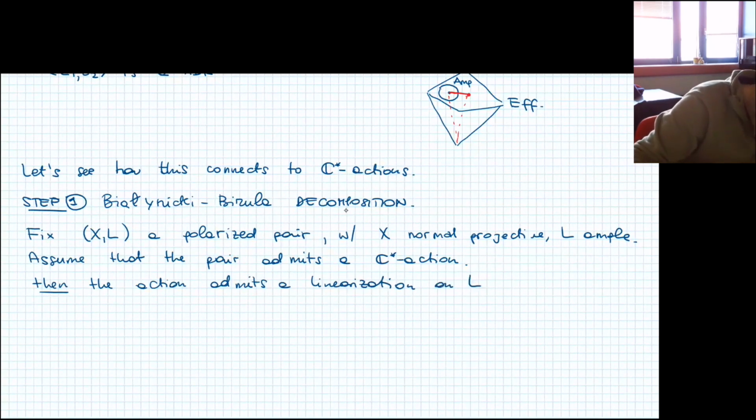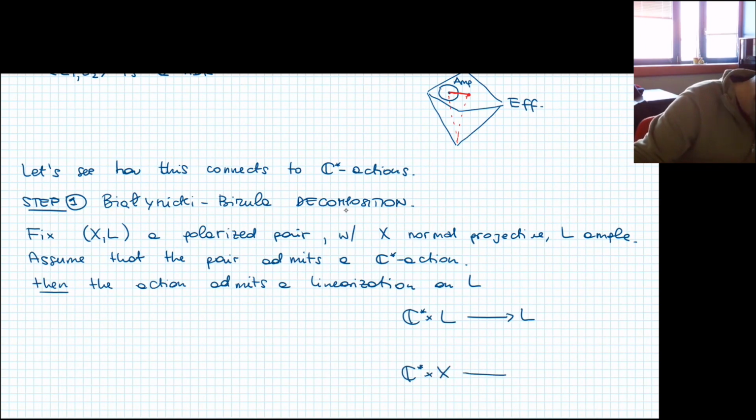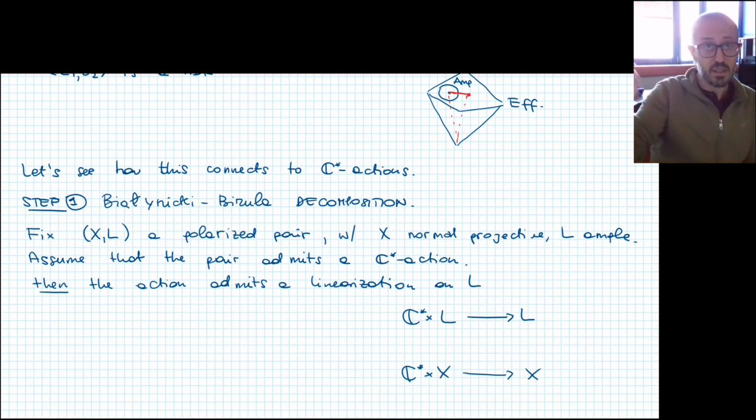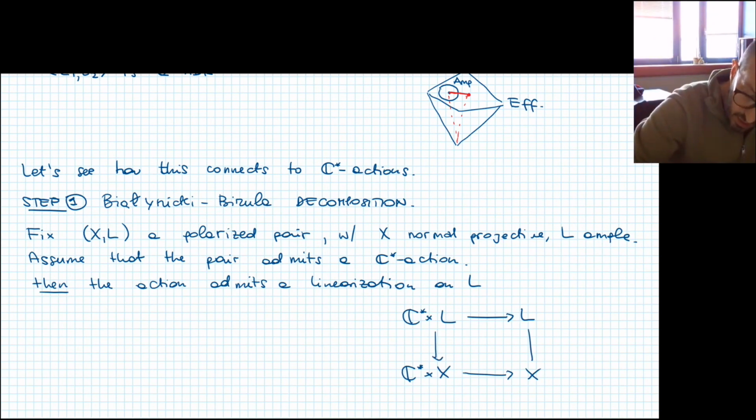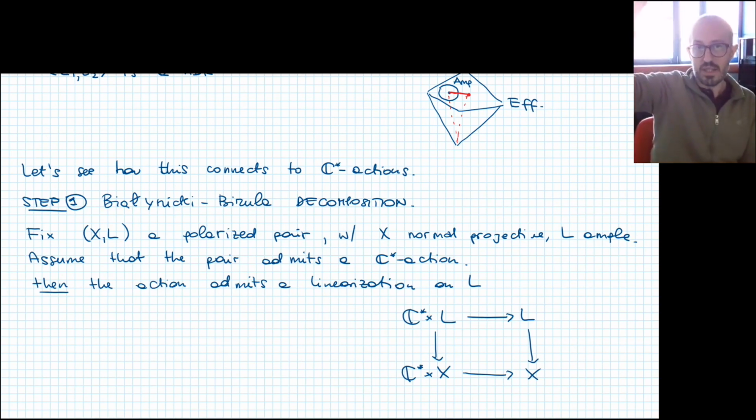So what it means is that you can construct a commutative diagram. You have the action on X, and the action goes up to L, and the action is linear on L. So basically, on each fiber it is just multiplication by a scalar.